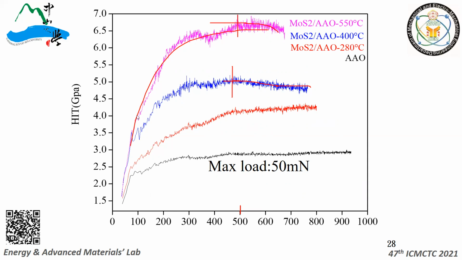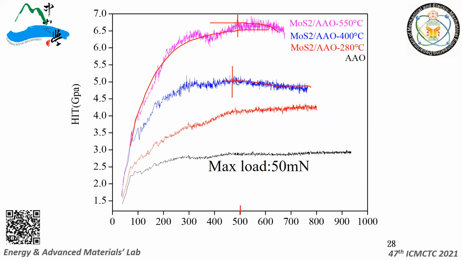So you can see for the sample pyrolyzed at 550, the highest hardness is located at a depth of 500 nanometers. For deeper depths, the hardness is reduced.